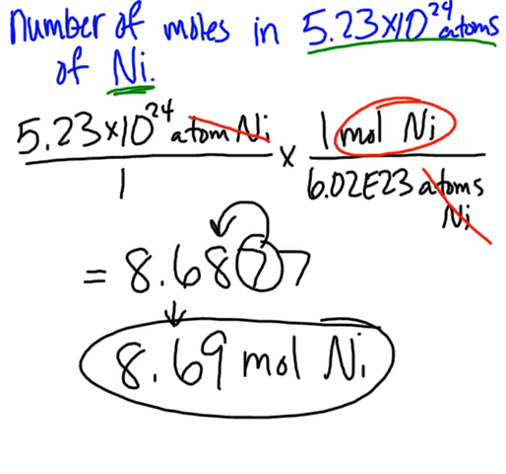So far, I've given you an example of going from moles to atoms, or moles to formula units, or moles to molecules. And I've just given you an example of atoms to moles. Now, if I had, instead of nickel, oxygen gas, then this wouldn't be atoms, it would be molecules.